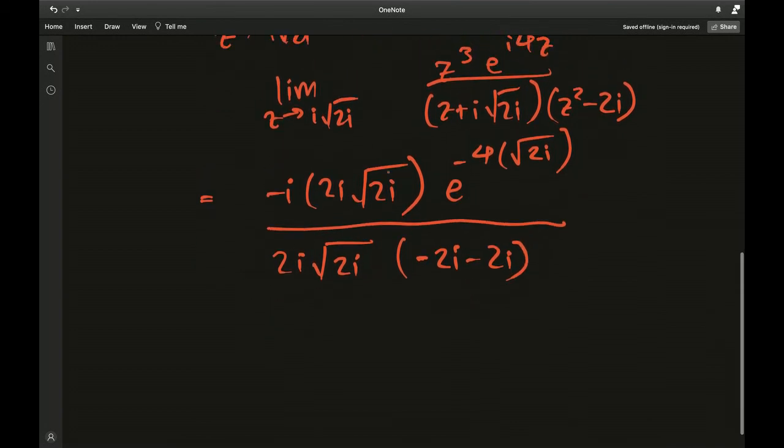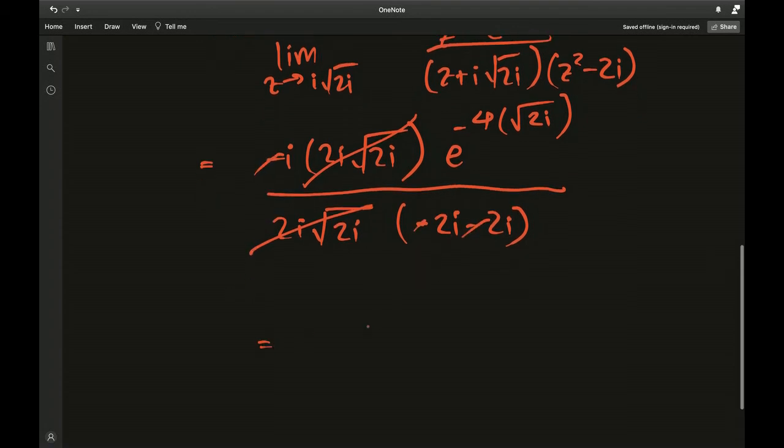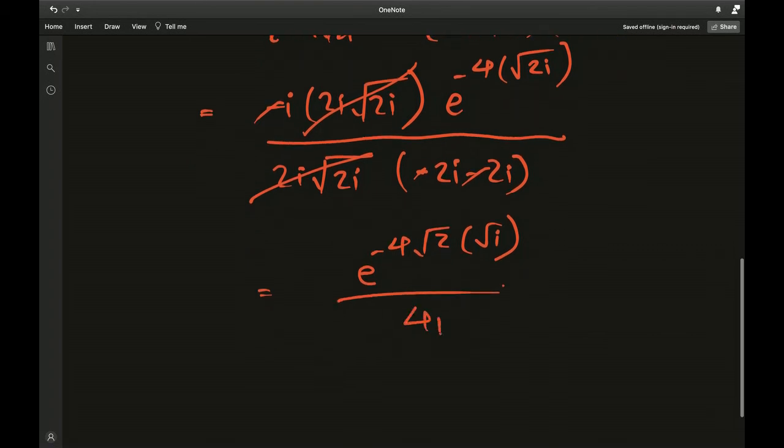Fair enough. Okay, so this is cancelling out with this completely. Negatives can be taken off nicely. e to the negative 4 times square root 2 times square root i divided by a factor of 4i.